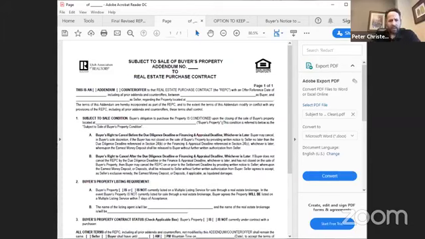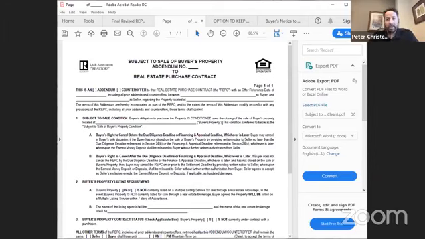Now, buyer can cancel by the due diligence deadline or by the finance and appraisal deadline. And the only way it operates differently is, let's say they go past the due diligence deadline and they cancel prior to the finance and appraisal deadline, but they use the subject to sale contingency.